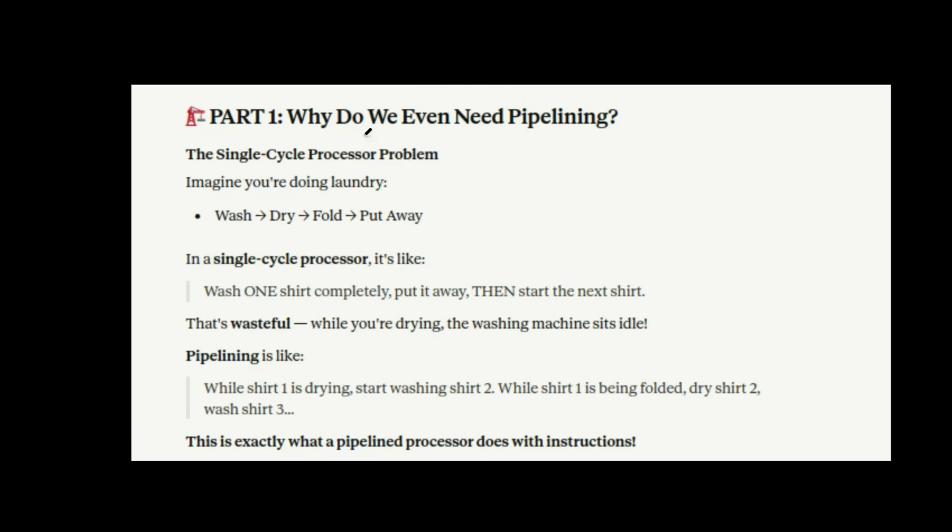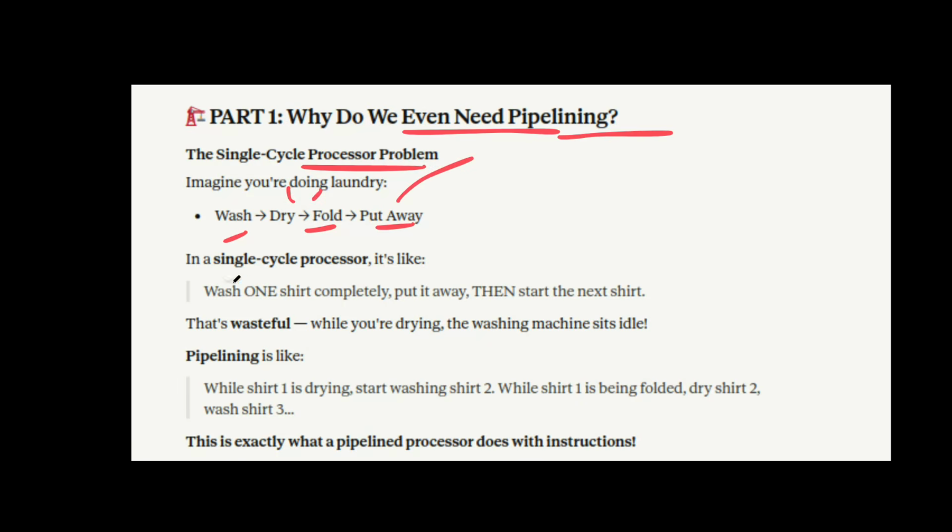So first of all, why do we need pipelining? I already told you we need pipelining so that multiple instructions can occur at the same time. In a single cycle processor, imagine you are doing laundry. There are some stages: wash, dry, fold, put away. In a single cycle processor, it's like you wash one shirt completely, then dry it, then fold it, then put it away.